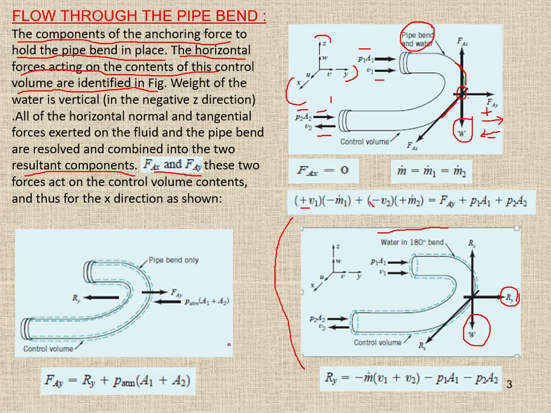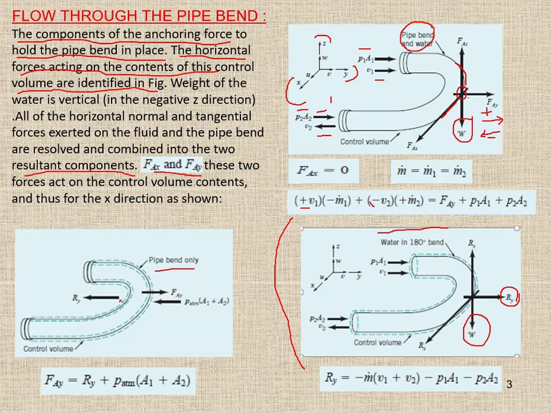In the third picture, we can see the pipe bend only. Here we are considering only the pipe bend, which gives resistance to the fluid flow. To hold this pipe bend, if the fluid is flowing through it, we need a reactive force that can give resistance to this fluid flow.